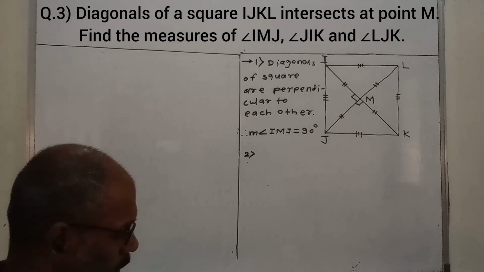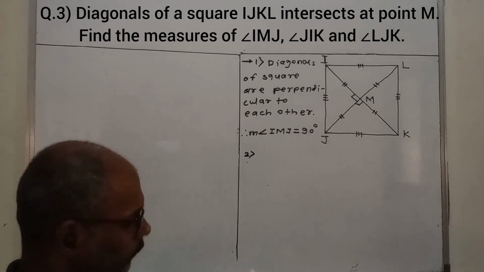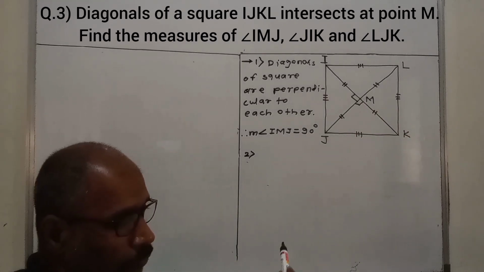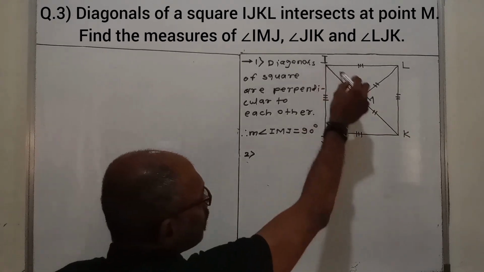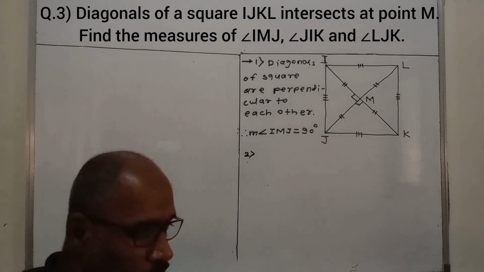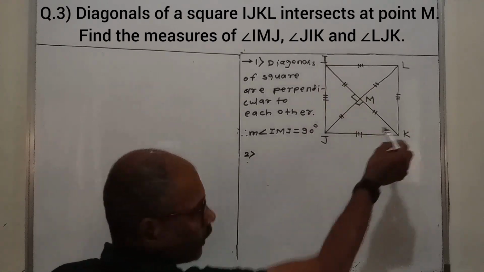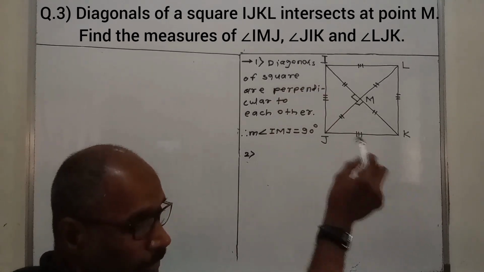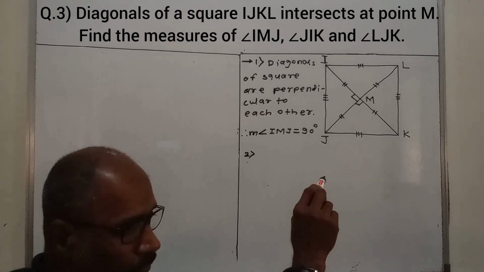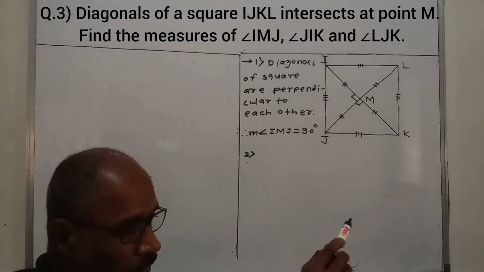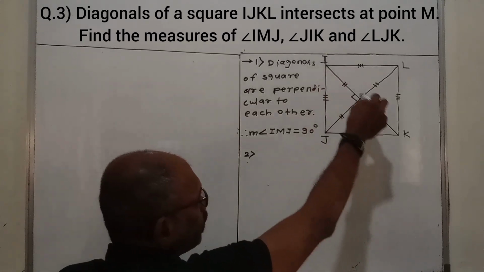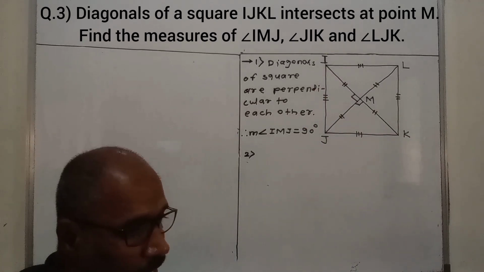Second, now find measure of angle JIK. Now see this, diagonals, or here when we say single, then I say diagonal. Diagonals of square, listen carefully, diagonals of square bisect those particular angles, opposite angles.